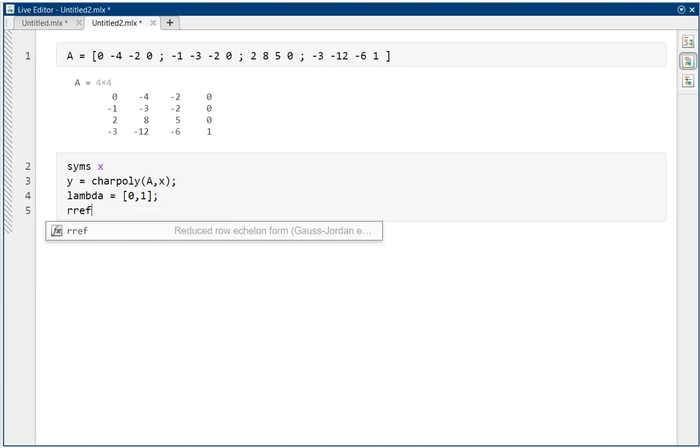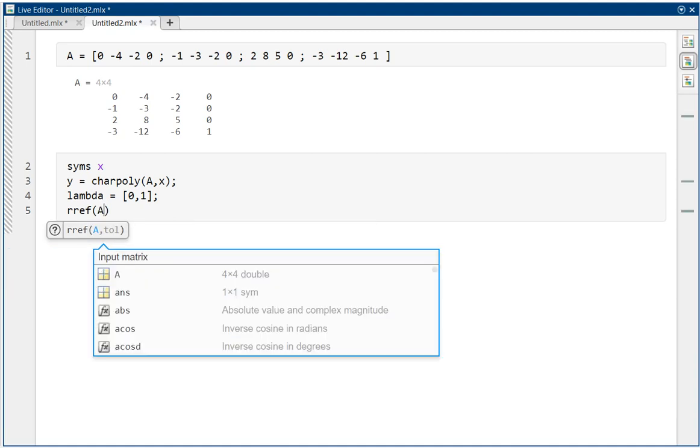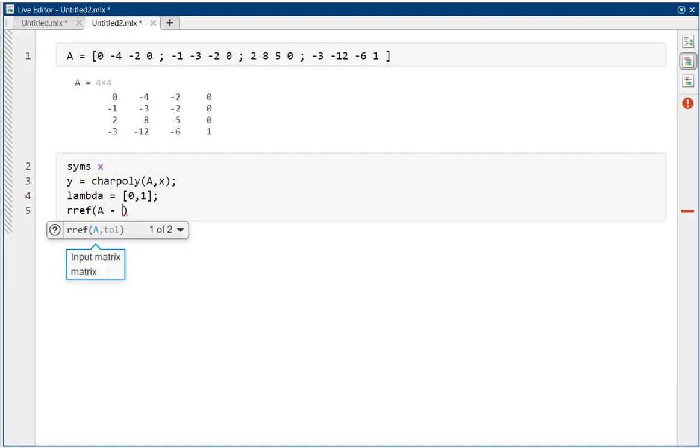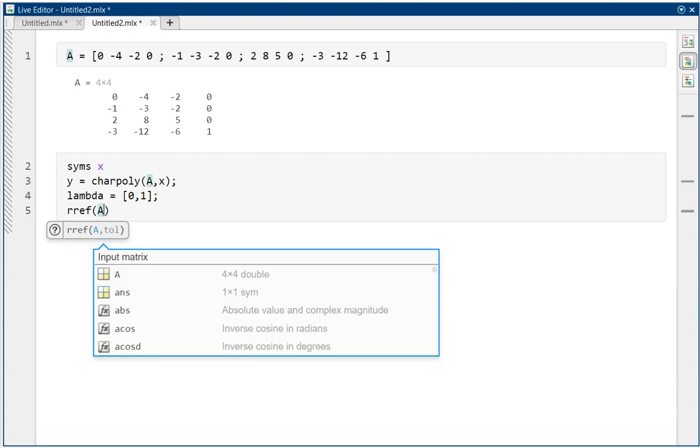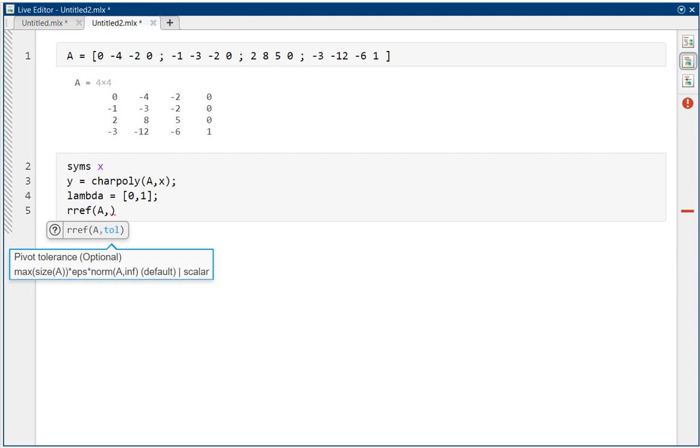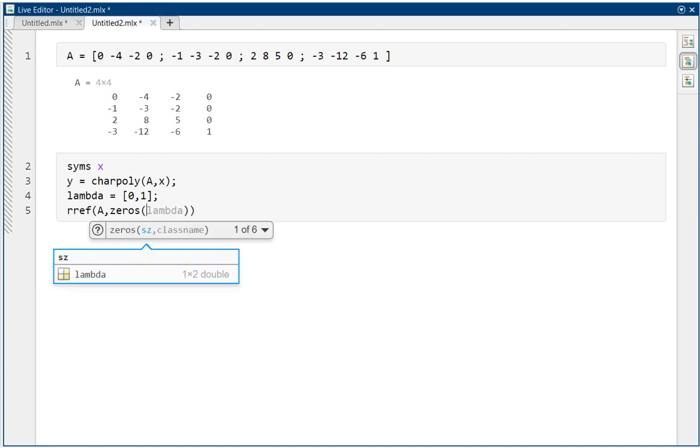Well, we're going to row reduce, right? So what are we going to row reduce? We're going to row reduce A minus lambda I. And so A minus 0 times I is just A. So at first, we're just row reducing A augmented with the 0 matrix.